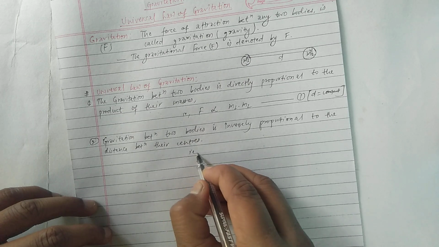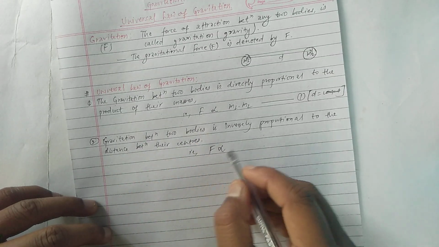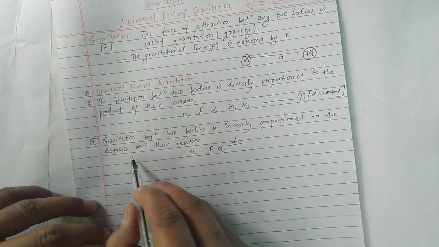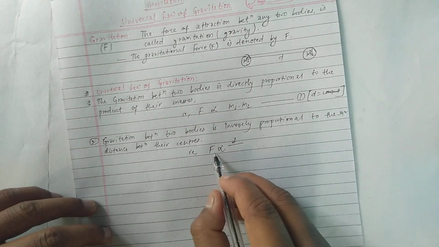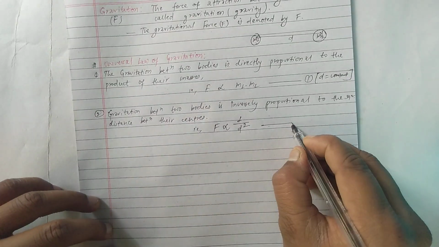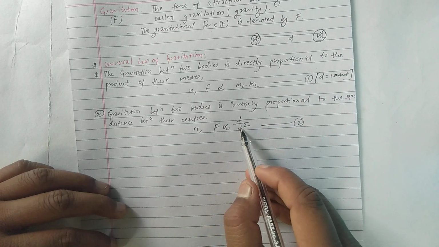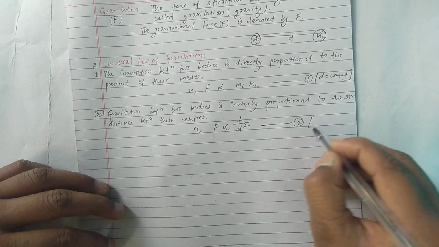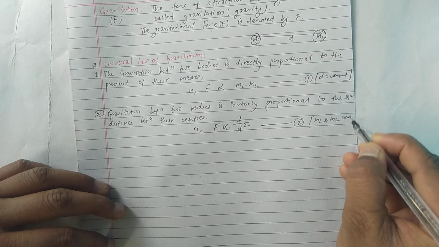So gravitational force F is inversely proportional to the square of the distance between the centers. It means F is proportional to 1 by d square. This is our second formula, and here the masses m1 and m2 must be constant.